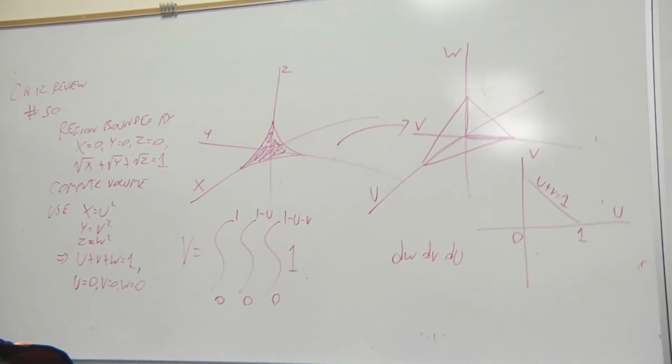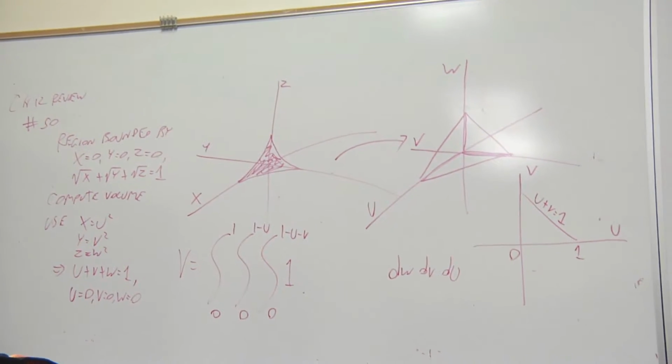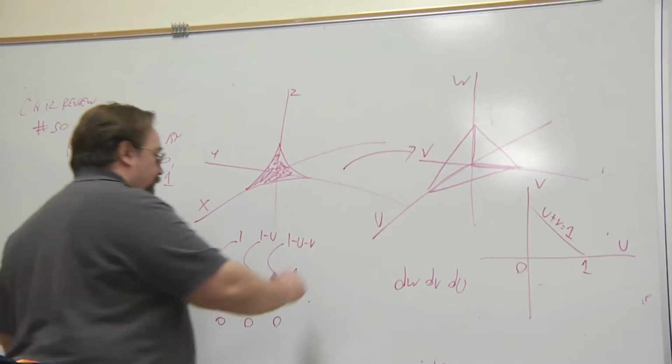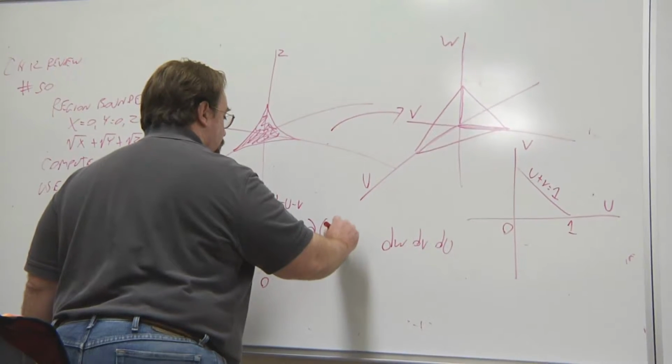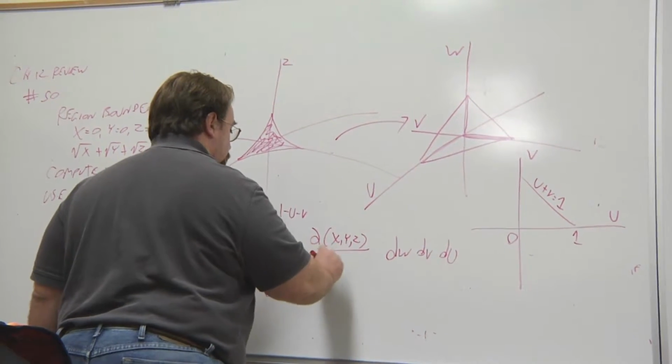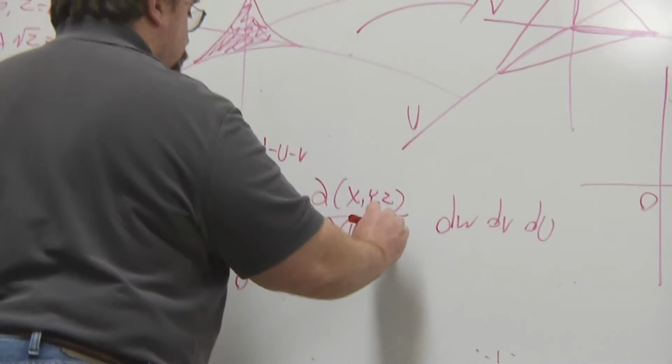But there's one thing that's left, and that is the Jacobian. So you need the Jacobian of x, y, and z with respect to u, v, and w.